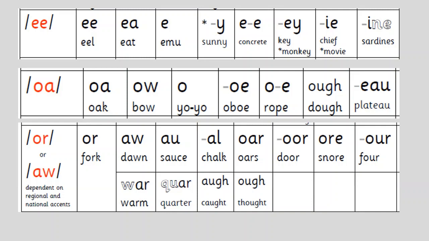Then when we get to year 1, we teach a selection more of the most common ones. Also, the year 1 phonics check is comprised of words from the most common spelling patterns. So we make sure all those are included. And in year 2, we come back to any rare spelling patterns in each phoneme family. This is in our systematic teaching of phonics, our daily phonics teaching.